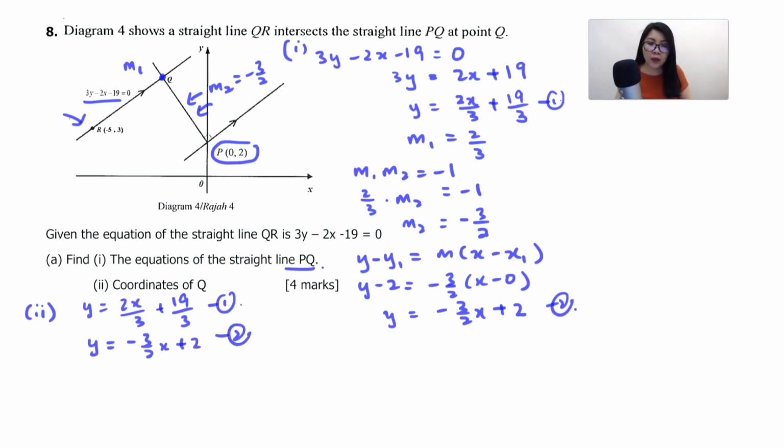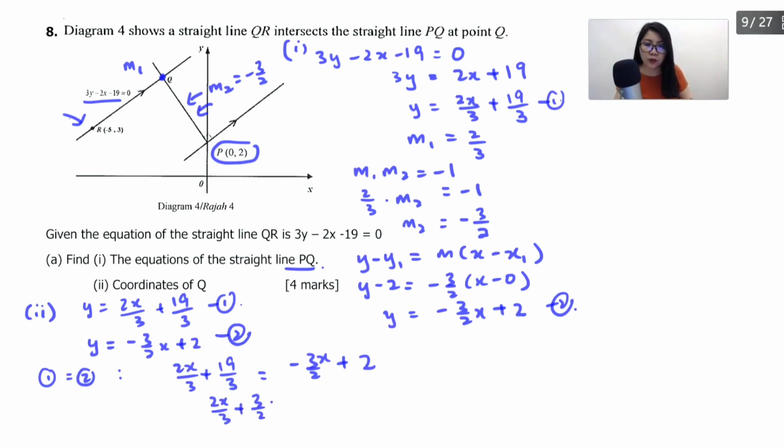I'm going to set equation 1 equal to equation 2 to find my values of x and y, which is the point of intersection, the coordinate of Q. So 2x over 3 plus 19 over 3 equals negative 3x over 2 plus 2. Let's solve this to get the value of x. 2x over 3 plus 3 over 2 x equals 2 minus 19 over 3.